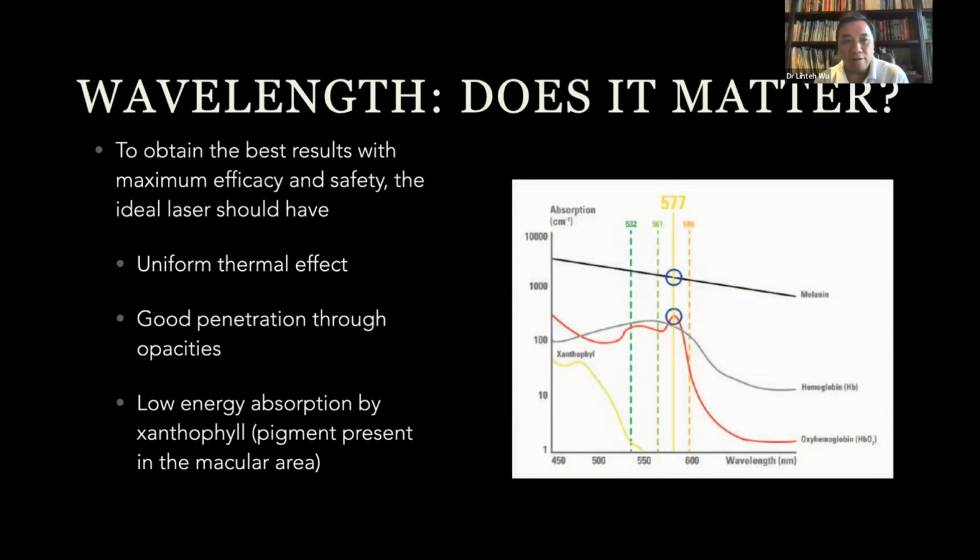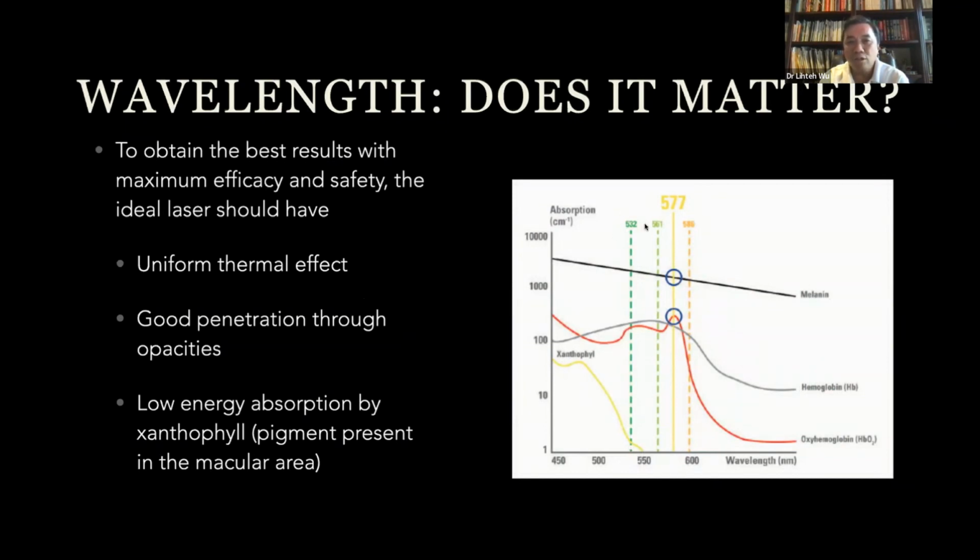Wavelength, does it matter? Yes, it sure does. Here we have extinction curves, and there are several pigments here: melanin, the hemoglobin, and the oxyhemoglobin. And you can see that in the macular area, we have the xanthophyll, which is present.